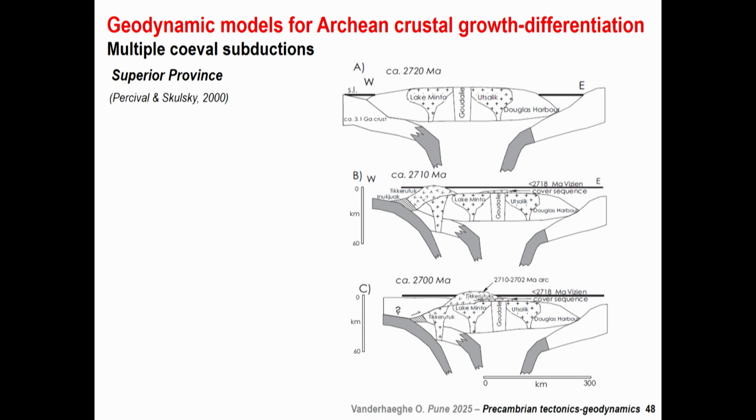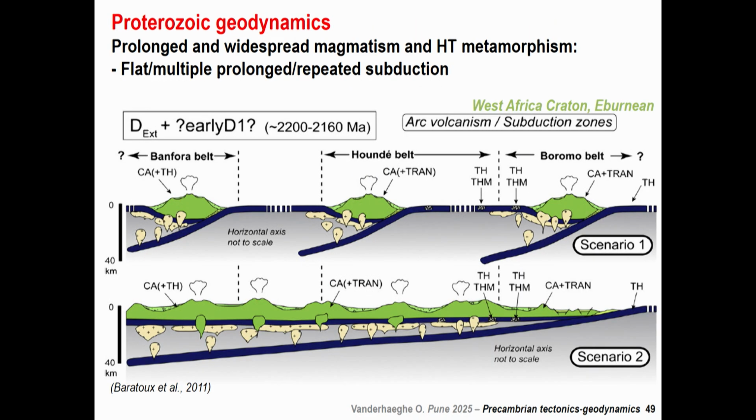This will explain the widespread magmatism and episodic subduction. The same type of models have been proposed for the Proterozoic, with many subductions or a flat-lying one. This is mechanically very difficult to achieve, but it was an idea.